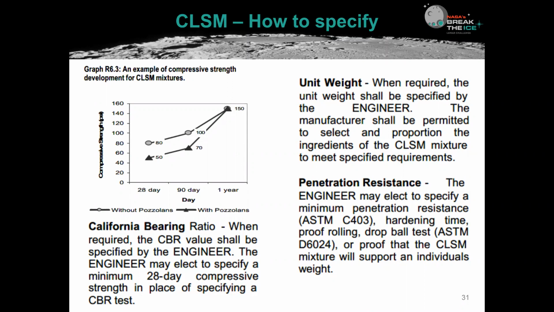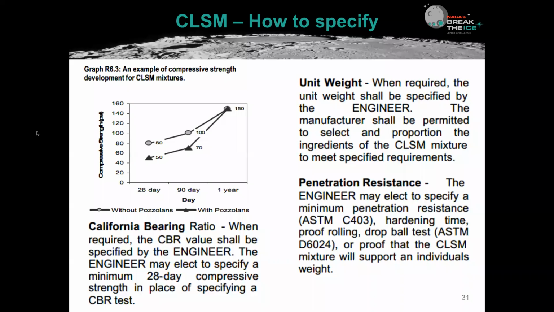And sometimes it's specified based on unit weight or a combination of unit weight and strength, and penetration resistance as I indicated separately as per ASTM C403. So for this challenge, we're really focusing on the unconfined strength, but I think the density is probably something that will play along with that parameter, in my opinion, as well.